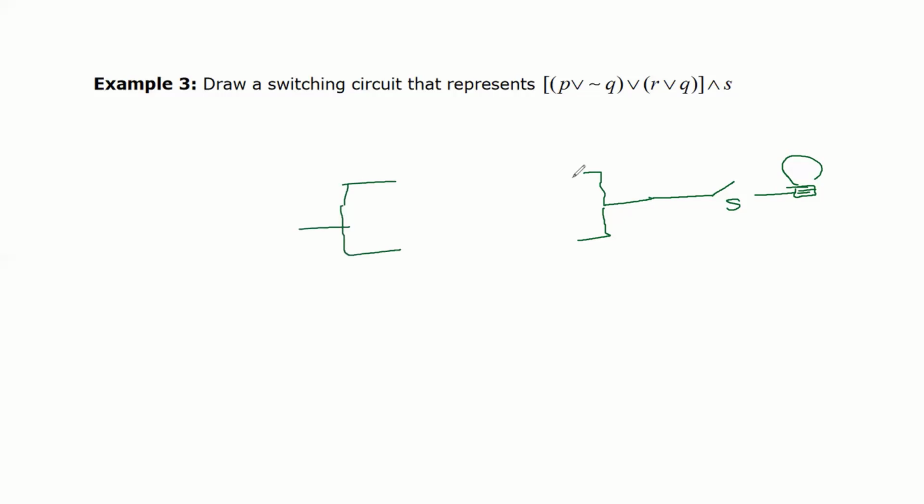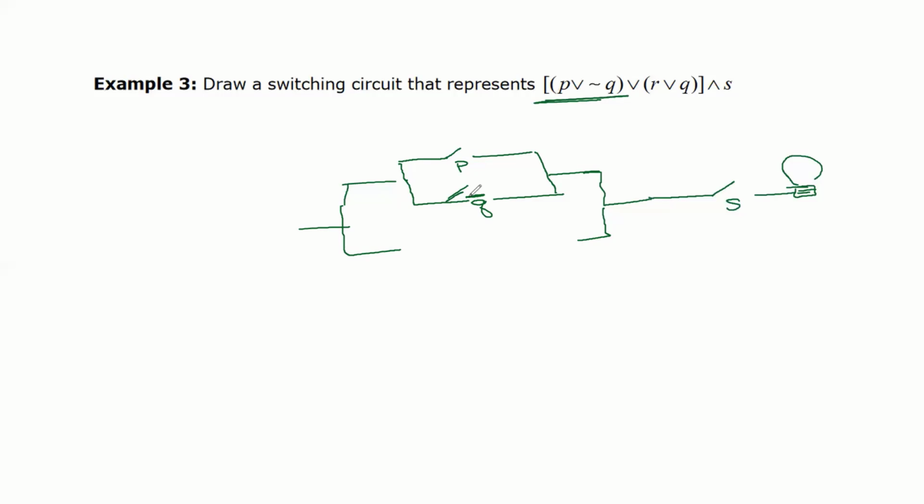The first or statement is P or not Q. So we need to have another or statement, one with P and one with not Q. Remember, we put a bar for not in this case. So this part is the parentheses for P or not Q. That's going to relate to this right here.